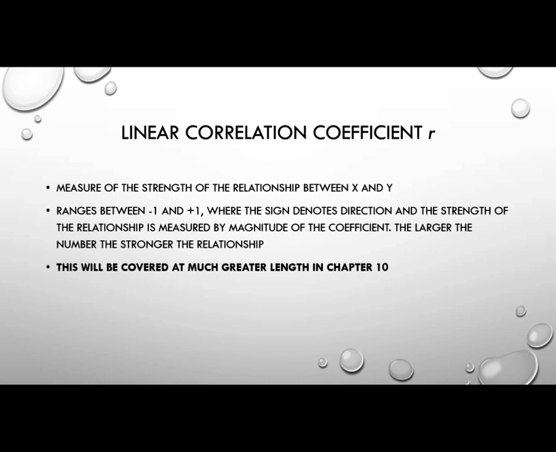So the larger the number, and it will be reported in a decimal between -1 and 1. So 0.9 is stronger than 0.8, which is stronger than 0.7. -0.5 is stronger than 0.4, is stronger than 0.2, etc. It just has to do with the magnitude of the number.